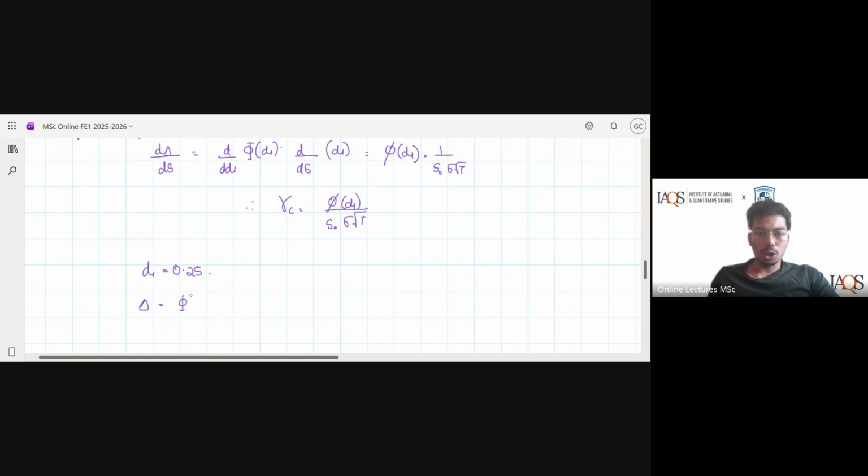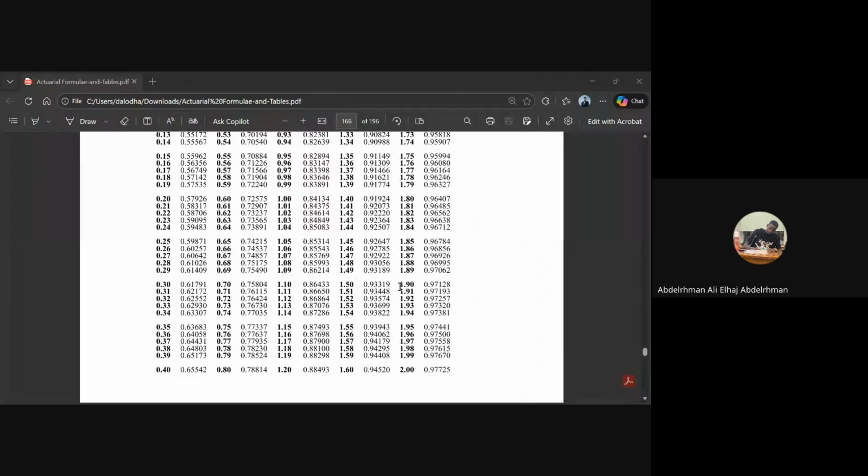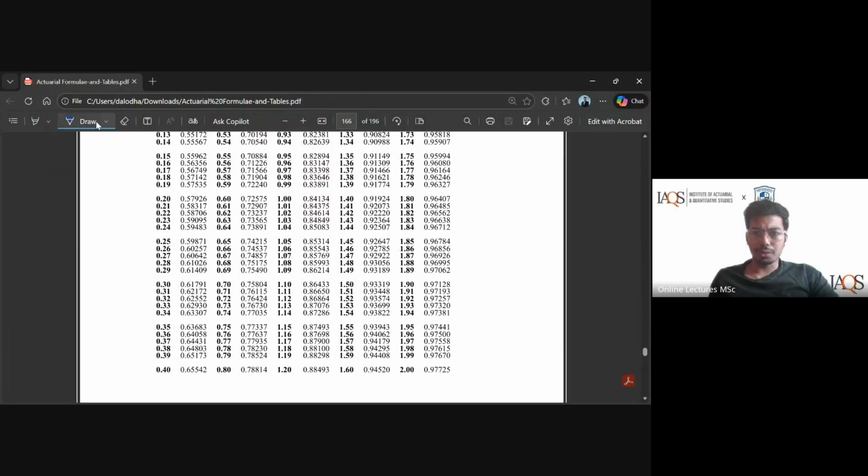You know delta of a call option is phi of D1, which is phi of 0.25. The way you will calculate this is, you will directly go to your table books. No, sir. I'm asking about the differentiation of this delta. For the differentiation, when you say phi of 0.25, your answer is going to be 0.59871. Fair enough?